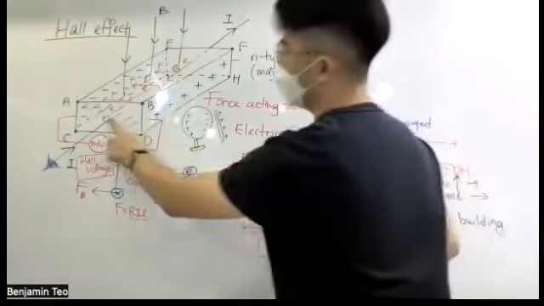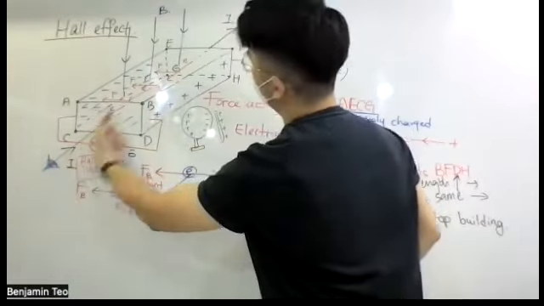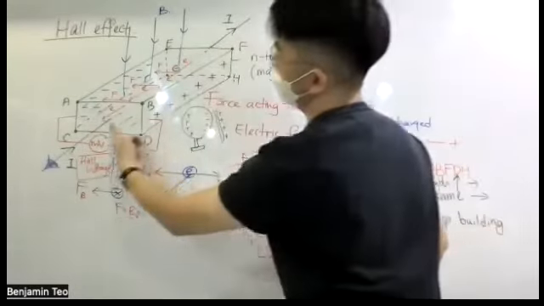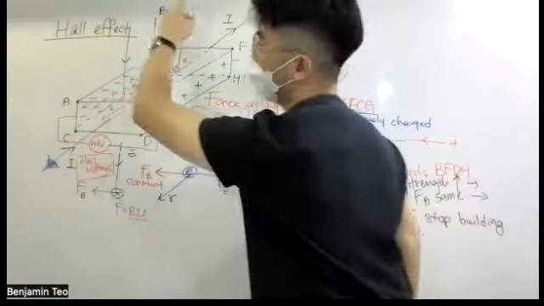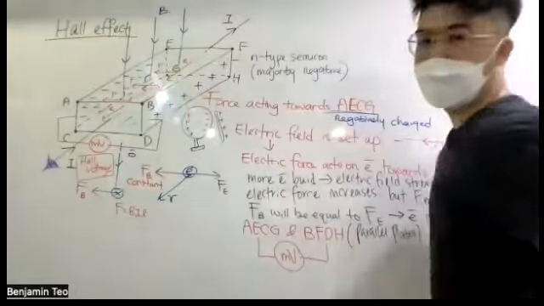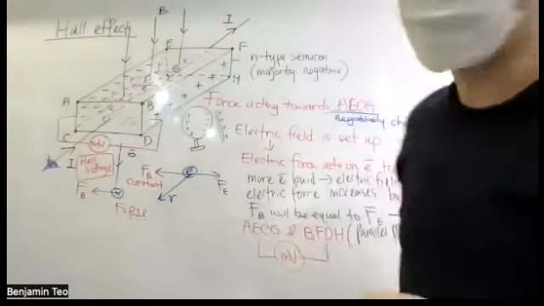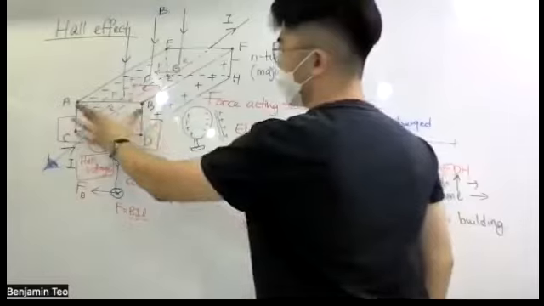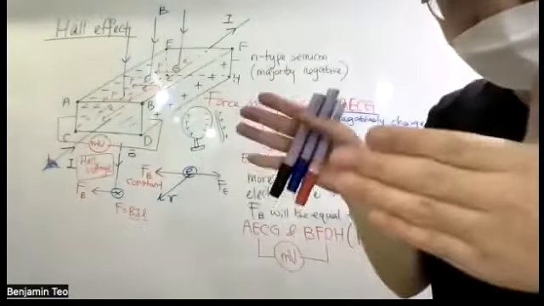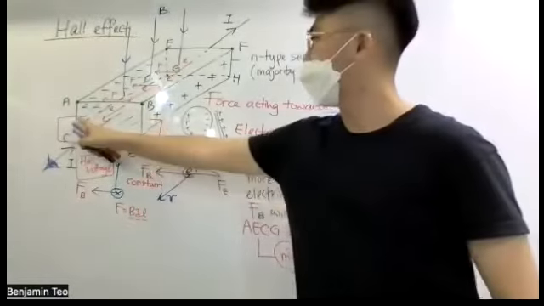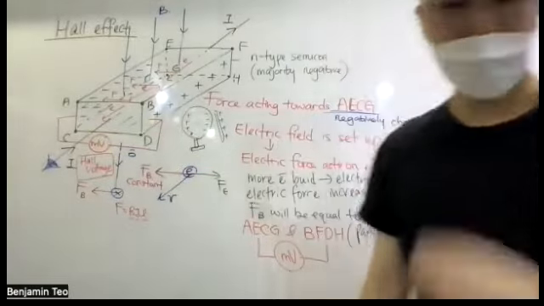So you have a voltage here in the wire, that is one voltage from the circuit. At the same time, you also have another voltage at the side, between these two sides. That is the Hall voltage.